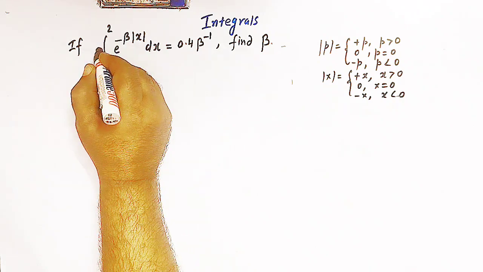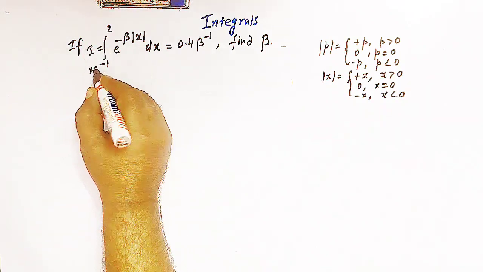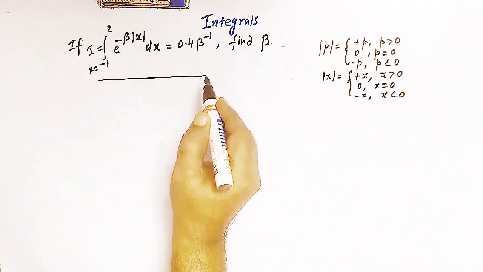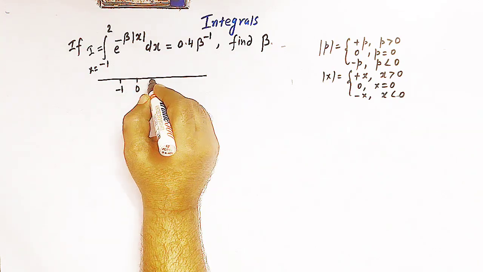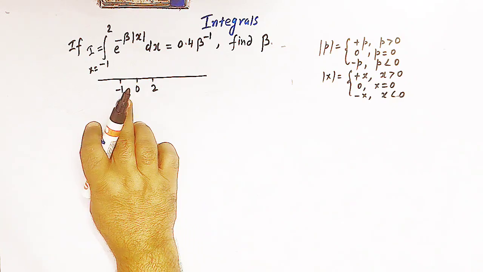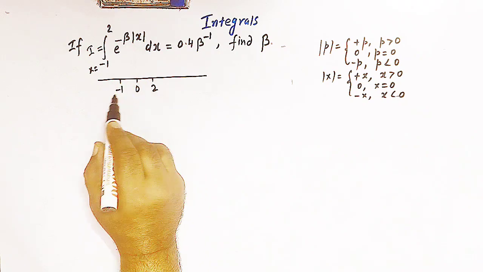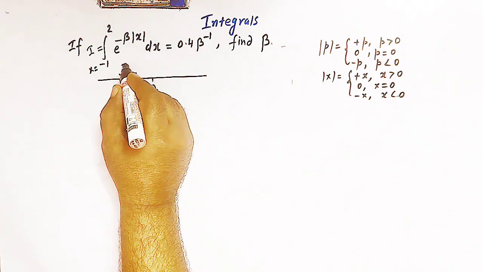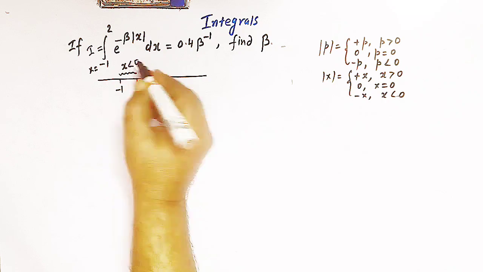And here we can call this integral I. The limits of integration vary from minus 1 to 2. So if we take the real number line, here we have 0, here we have minus 1, and here we have 2. From this number line we can see that all the values between minus 1 and 0 are less than 0, so in this interval x is less than 0.